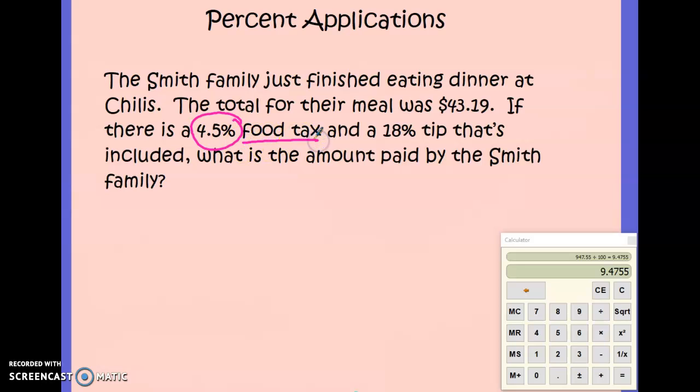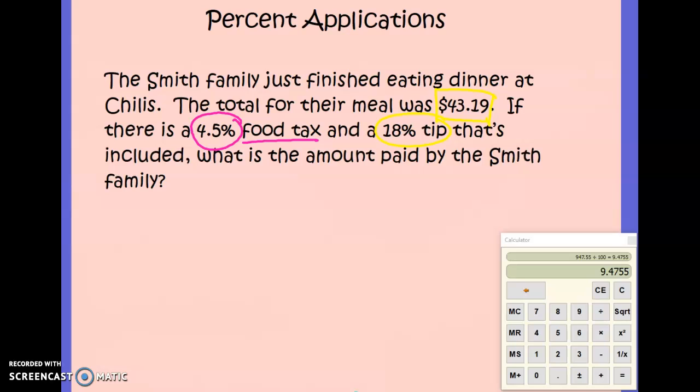This is a tax. And then we've also got to do this 18% tip. Okay, and this is our total cost. Now, typically, when you're working out problems like this, you're going to have your total cost, and that's what your tip is going to be added to before sales tax. So I'm going to use that $43.19 for both of these different percentages.